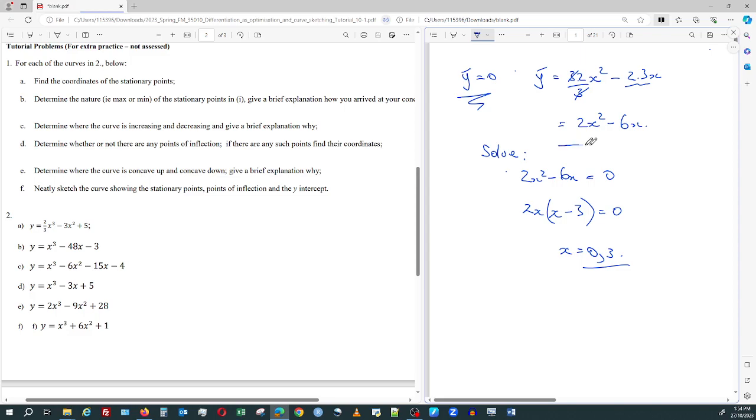So the first couple of locations that we could look at would be 0 and 3. Clearly, they're going to be m equals 0. The question is, what's their nature? So you would have to test some values like negative 1, 1, and say 4. You would have to test those values in here. And what does that tell you?